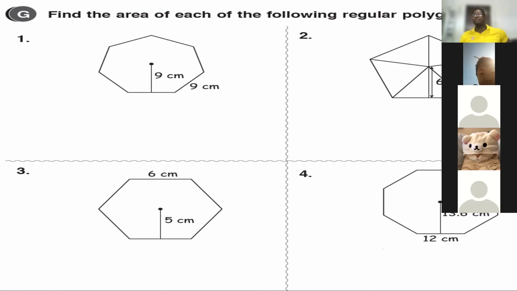So it should be 567. It should be 567 divided by 2. So 567 divided by 2 is what? Should be 200 and something. So what's your answer? You're almost there. Almost there.